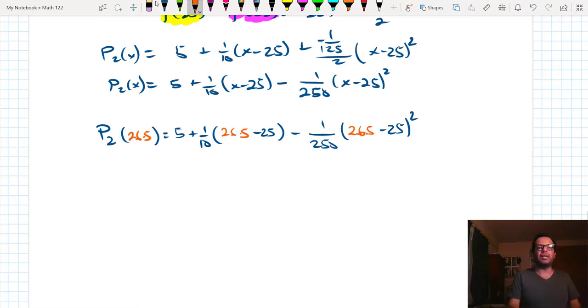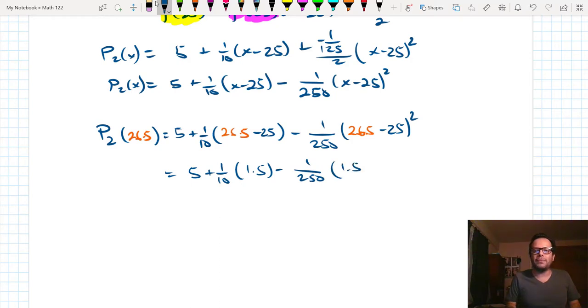When simplifying this quantity, we get 5 plus 1/10 times, what did we get? 1.5, minus 1 over 250 times 1.5 quantity squared.